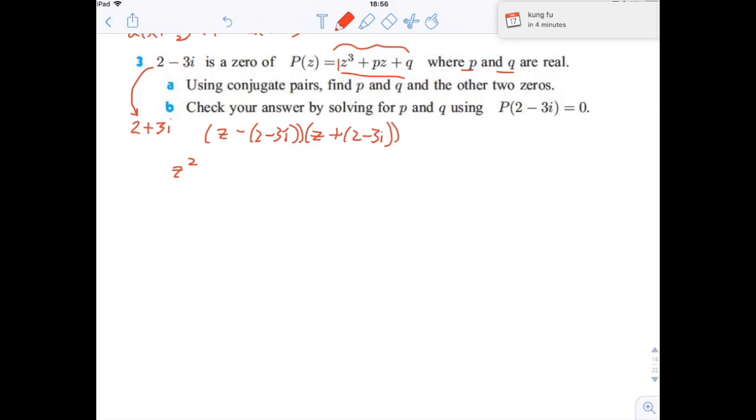If you multiply the two last terms together, you'll get 2 squared plus 3 squared. And the middle terms, the complex terms will cancel each other out, and you're left with minus 2z and minus 2z, which would be minus 4z.